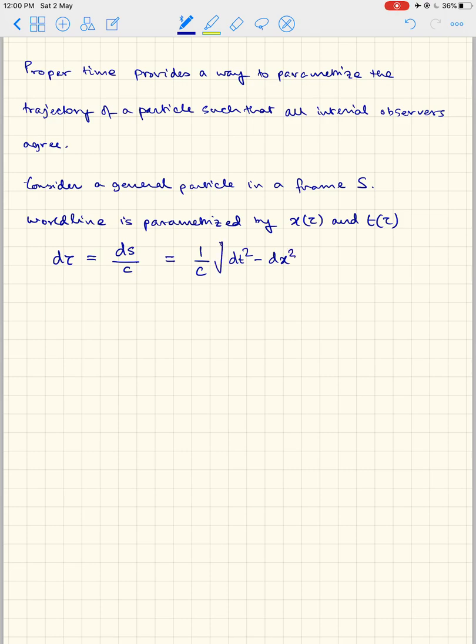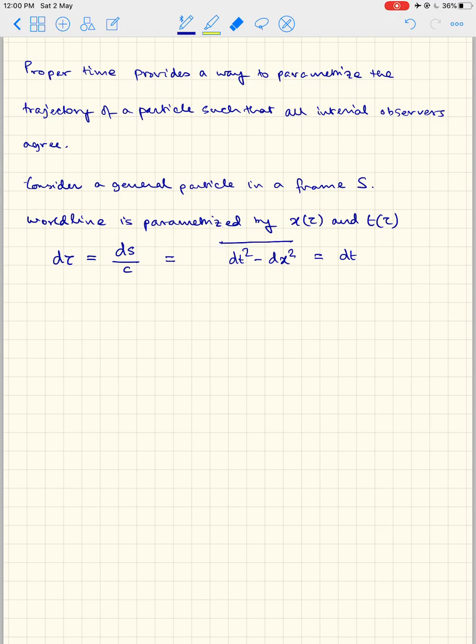Dt squared minus dx squared root. Let's just drop the y's and the z's for the moment. Okay, so what can we do? We can pull out a factor of dt. Let me make sure that I have my factors right, which are not right here.